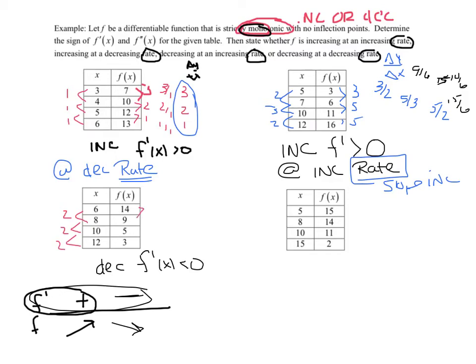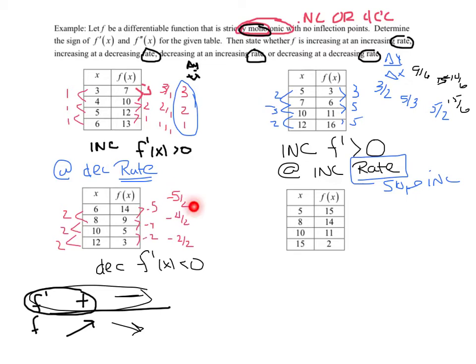The differences between the y values get me a -5, a -4, and a -2. So I've got -5/2, -4/2, and -2/2.